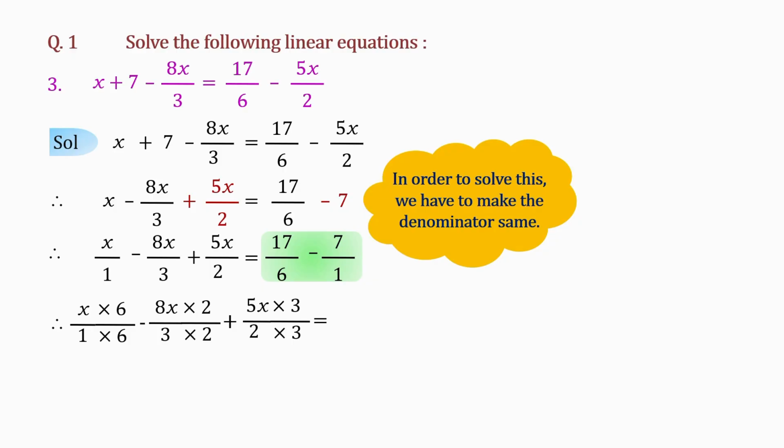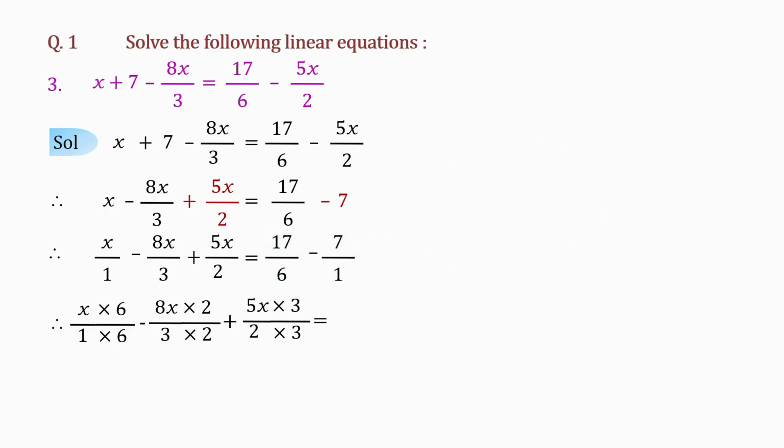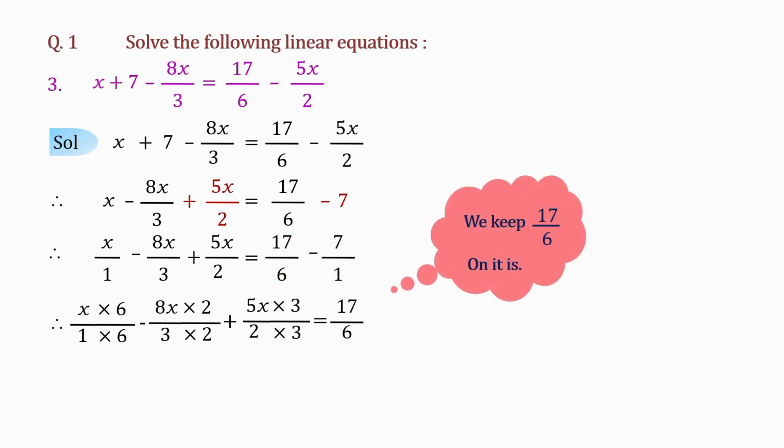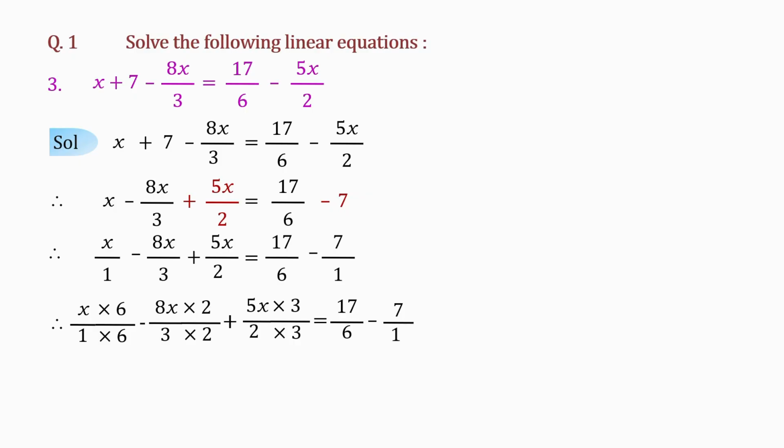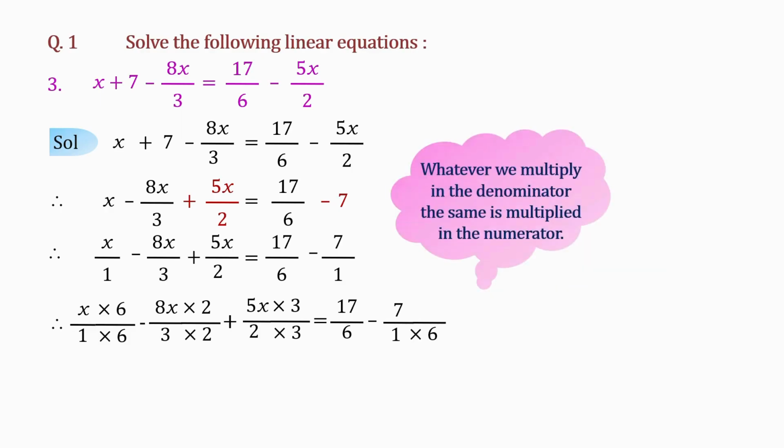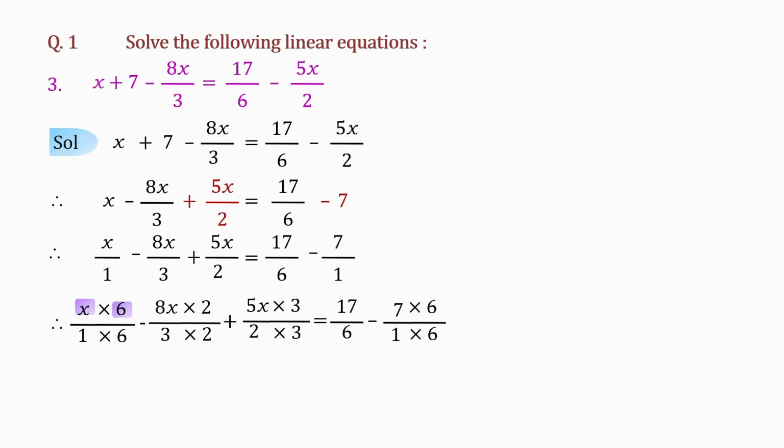Now, in this case also, we have to make the denominator same. And we are going to take the LCM. So here 6 will be the LCM. So we are going to multiply 6 in both numerator and denominator.